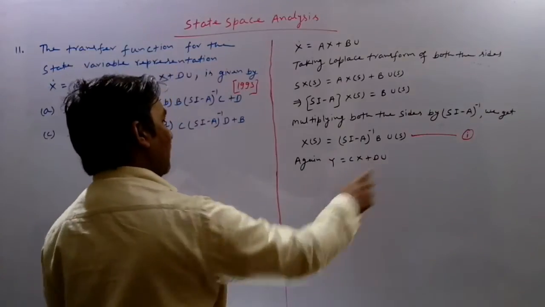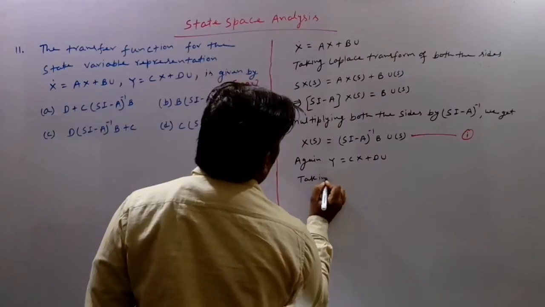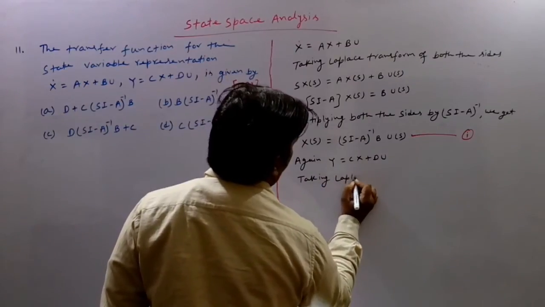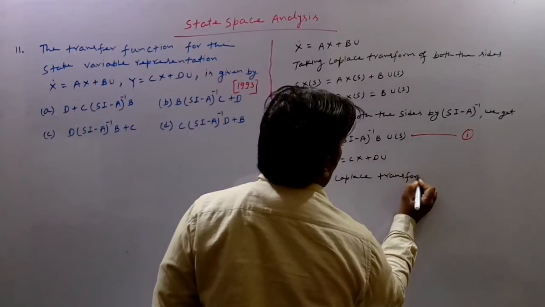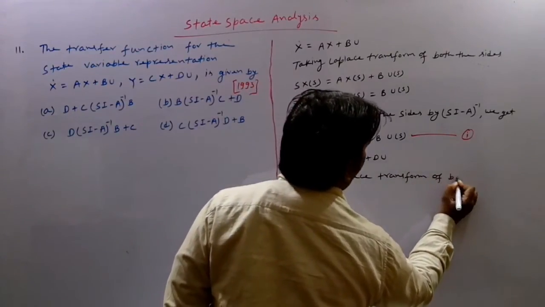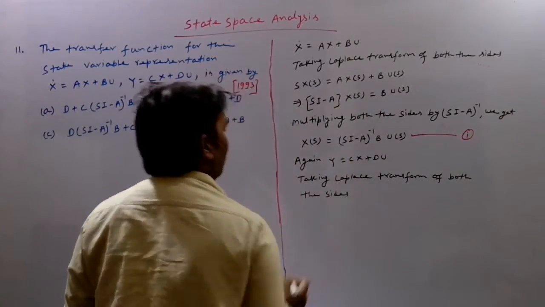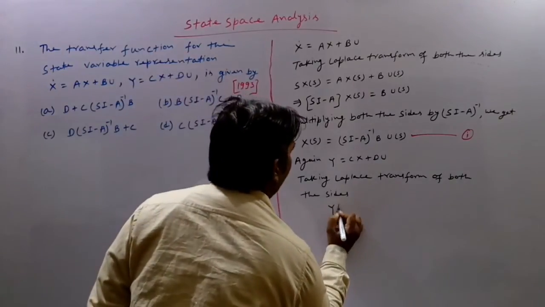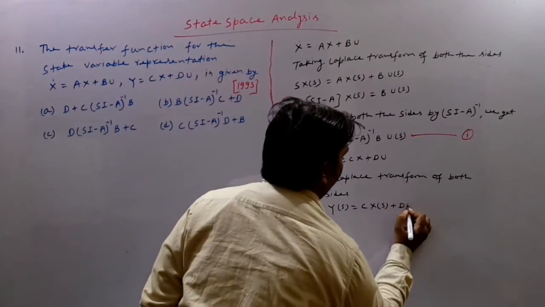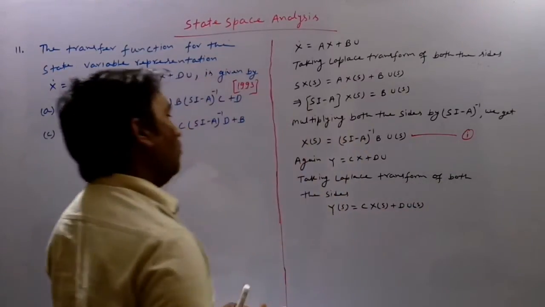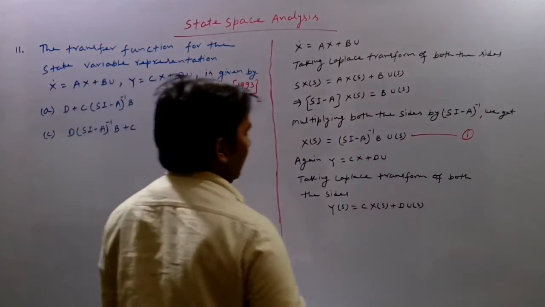Now again taking Laplace transform of both the sides, it will be Y(s) equal to CX(s) plus DU(s). Now from 1 we have to put the value of X(s).